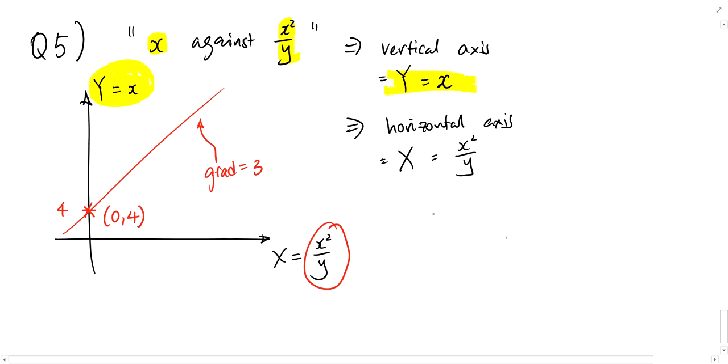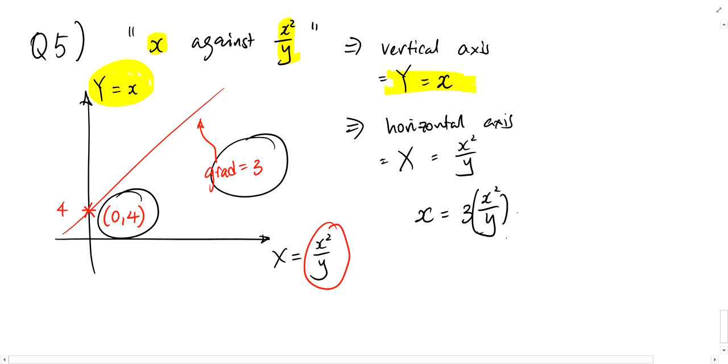What is the equation then? What do I need to do? Sub in the gradient and the coordinate into the equation. What is the equation called? And don't say y when you don't mean y. What do you mean? Some of you want to do it straight away: x equals 3 times x squared over y plus 4.